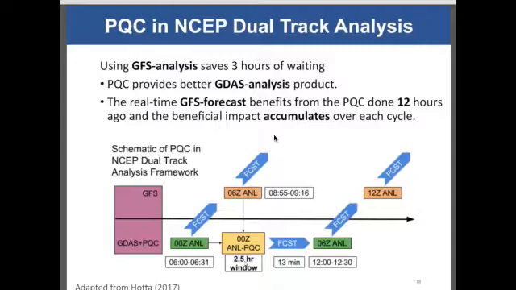And I have to say, you were the one that pointed out that we won't get the forecast in real time, but 12 hours later. But fortunately, the benefits from previous PQCs are still there.